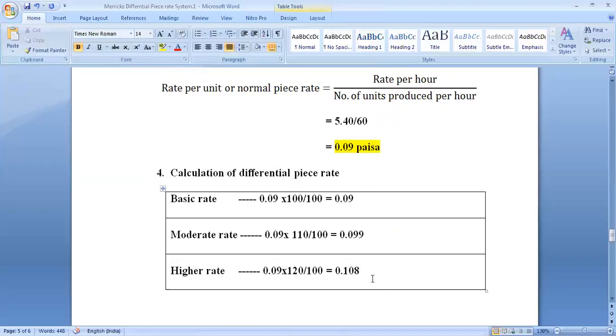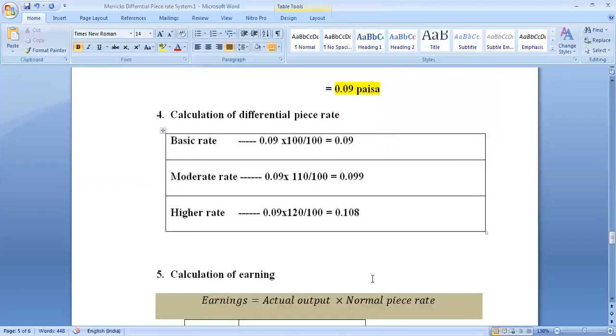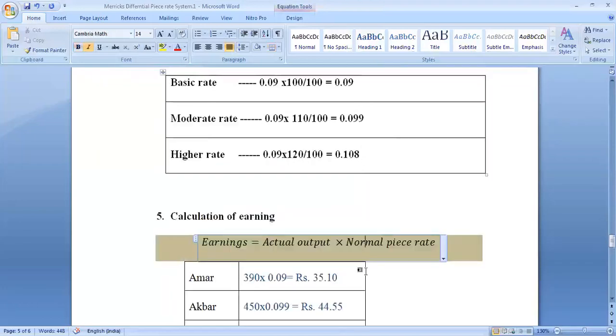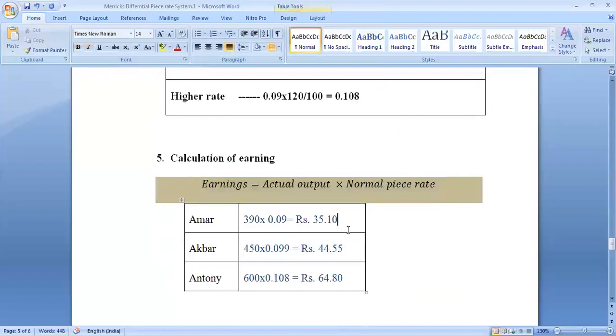Higher rate is 120% of normal rate, that is 0.108. Then we have multiplied those rates according to the performance, basic rate, moderate rate, and higher rate. This is the earnings of the workers.